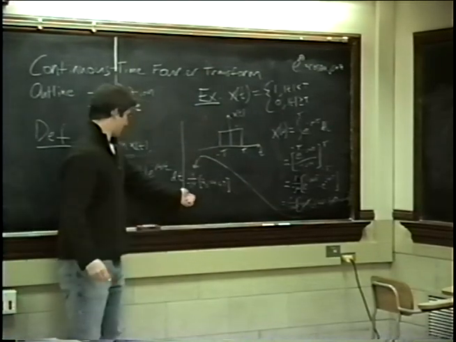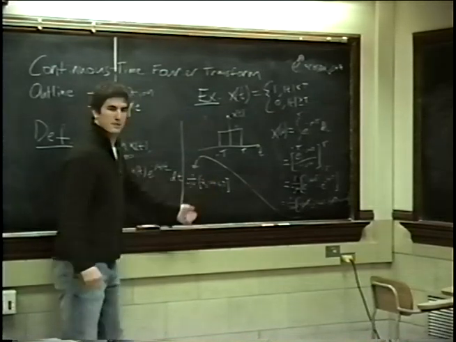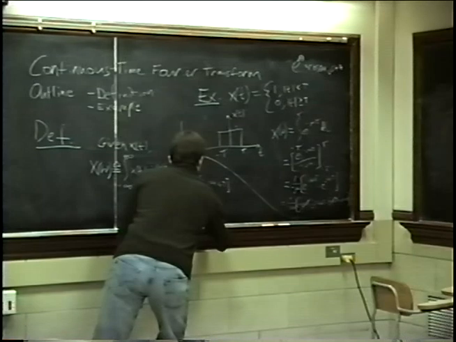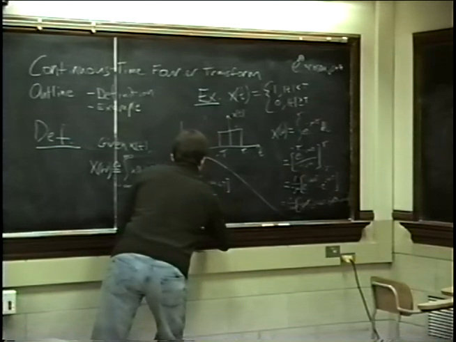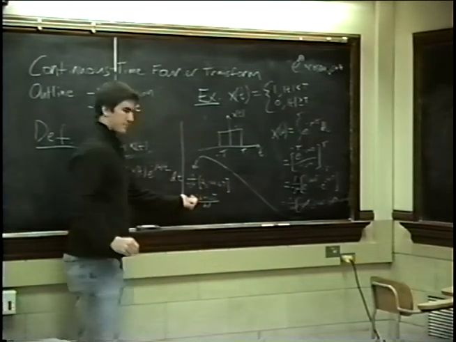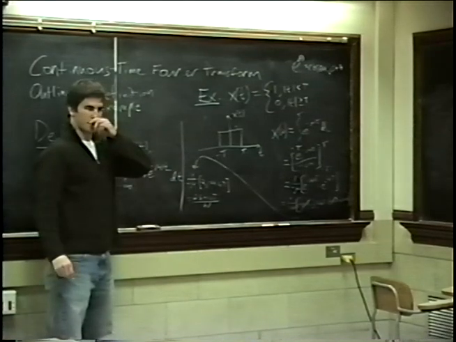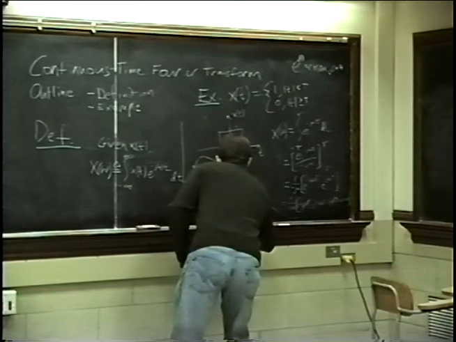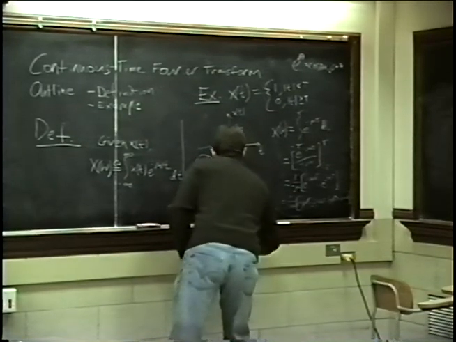Here we get another cancellation of our minus j. So out of this we get 2 sine omega t over omega. And this has a special name. Anyone know what it's called? Sinc function. All right, so this is a sinc function.